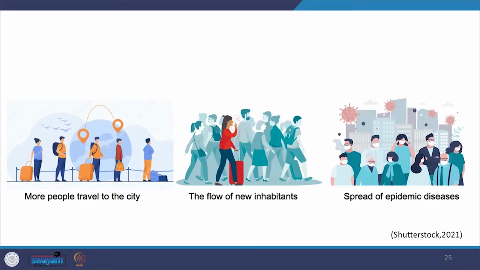Moreover, as more and more people travel to and migrate to the cities, these all create a necessary condition for the spread of epidemic disease through contaminated water or food, close personal contact, or insect paths.